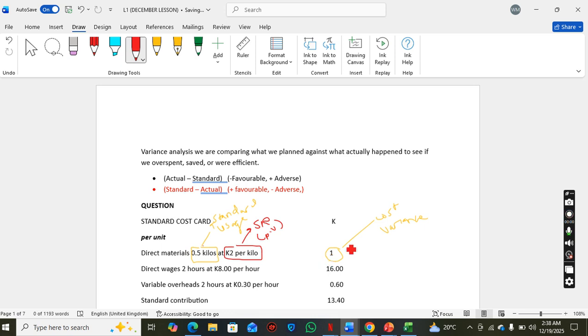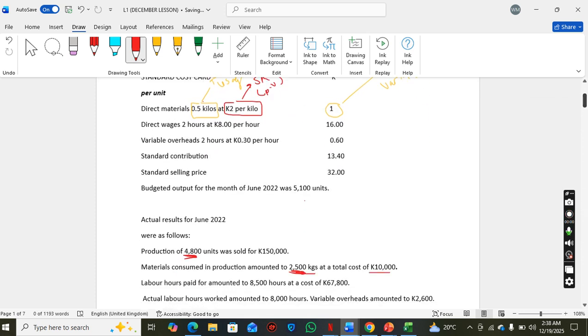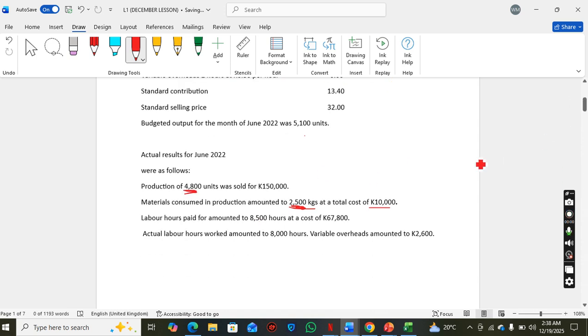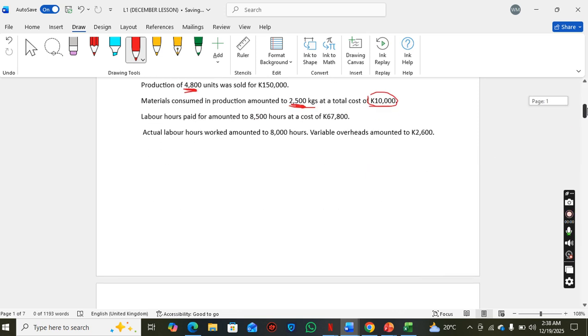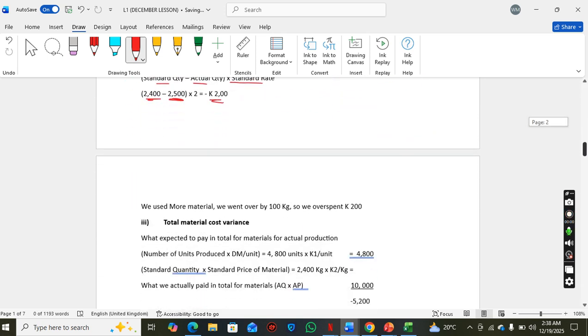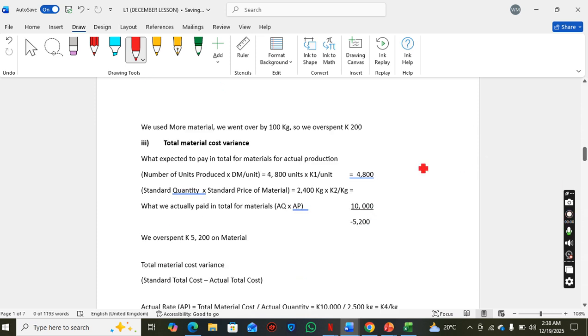With our planned budget for the 4,800 units which we produced, how much were we expecting to pay? Here in our question we've been told what we actually paid. This was the total cost of materials, 10,000. So what we actually paid was 10,000.